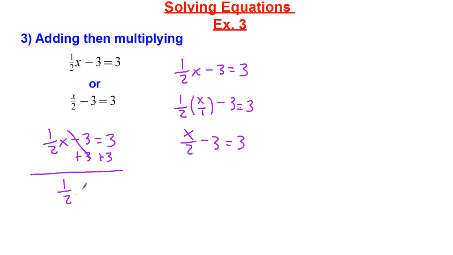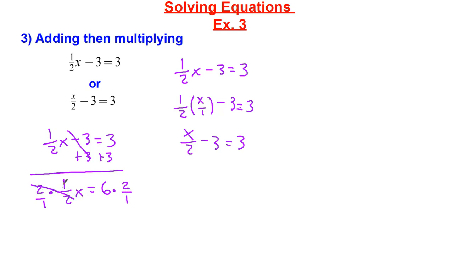So I have half of x is going to be equal to 6. Alright? Now, in order to go from here, this is basically a multiplication problem. So in order to divide this, I'm going to have to multiply by its reciprocal. Multiply by its reciprocal.